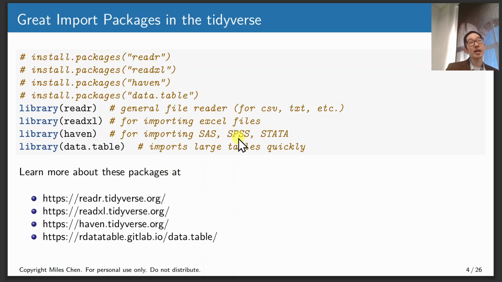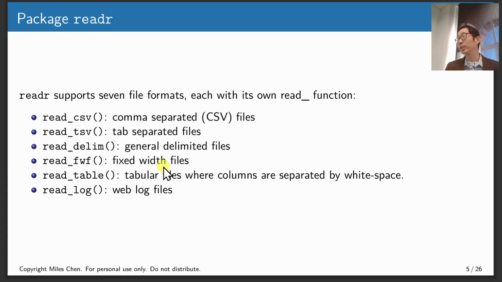SAS does exist out in some government organizations and things like that, but I'd say now you're mostly dealing with R and Python. And then Excel is always popular because these spreadsheets appear everywhere. And then there's also data.table, which is useful as far as bringing in big files.